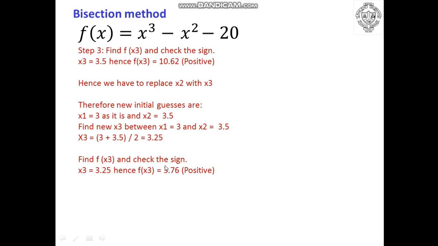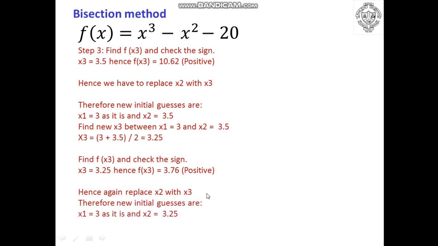Now again you have to compare this f of x3 with f of x1 and f of x2. Since this value is positive, again you have to replace x2, because when x2 is 3.5, its function is also positive, so you have to replace x2 with x3.